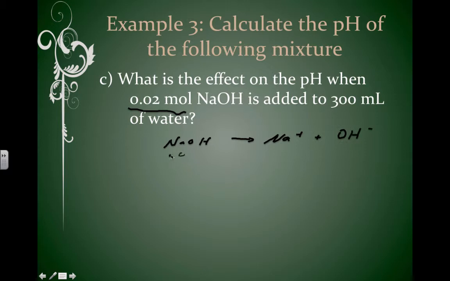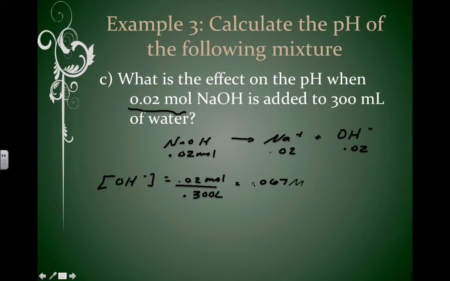So if I have 0.02 moles of sodium hydroxide, that gives us 0.02 moles of each of these ions, sodium and hydroxide ions. So the concentration of hydroxide ions corresponds to 0.02 moles in 300 milliliters, or 0.300 liters of solution, which is 0.067 molar.